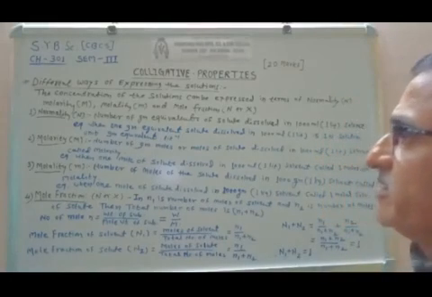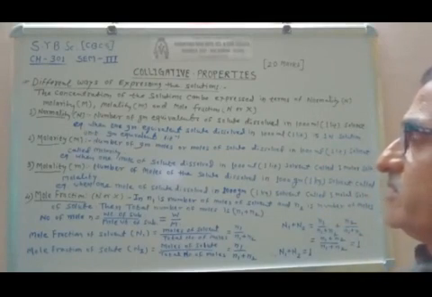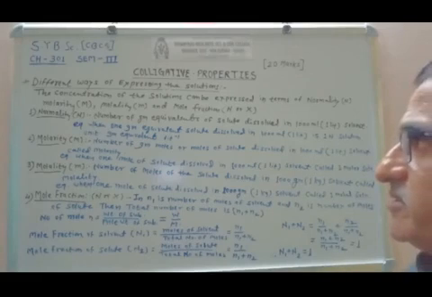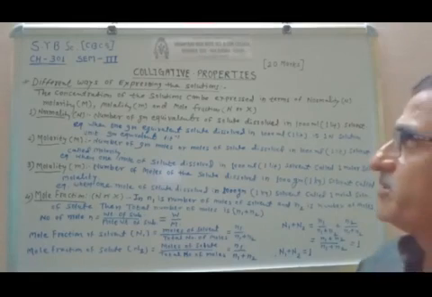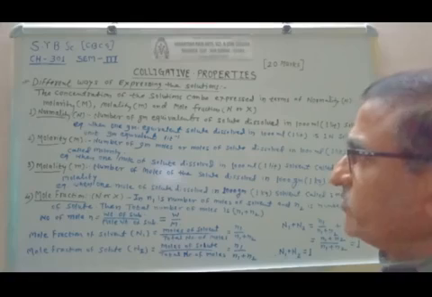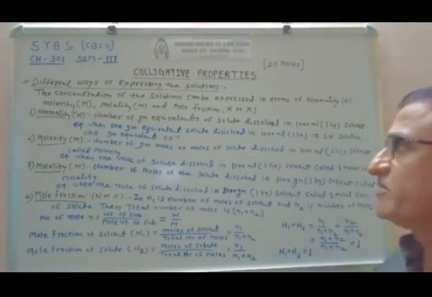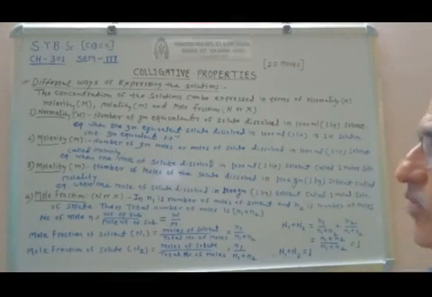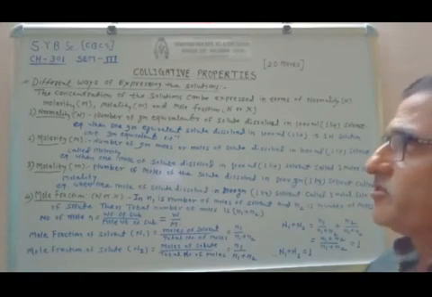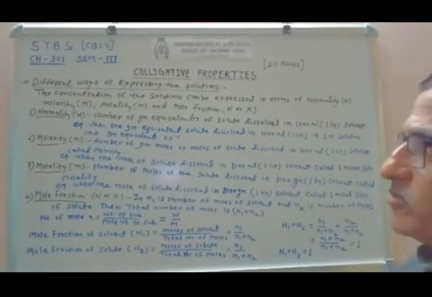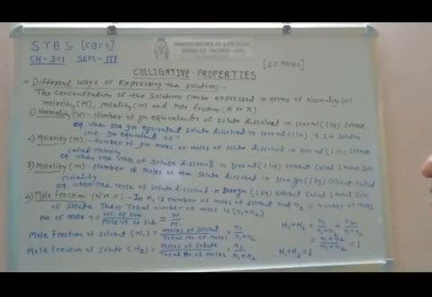Hence we have already discussed the introduction, solution and types of solutions. Now we have to study different ways of expressing solutions. The concentration of a solution can be expressed in different ways: in terms of normality, normal solution; molarity, molar solution; molality; or mole fractions.